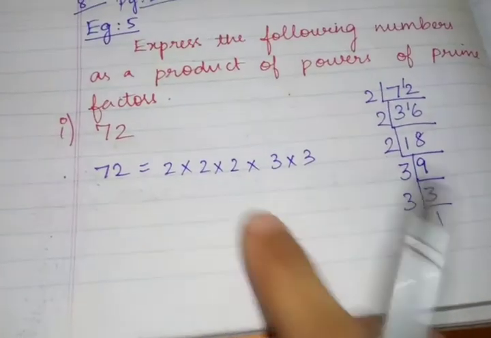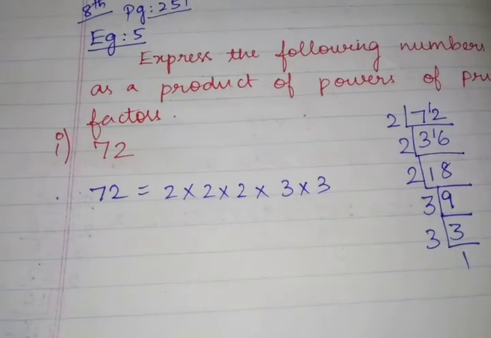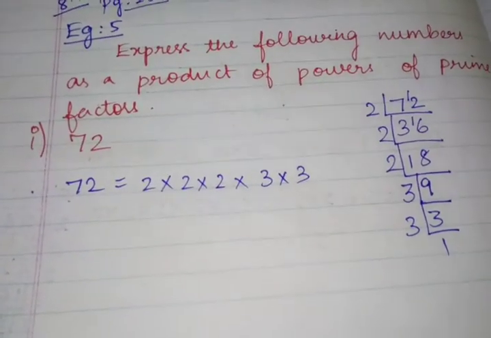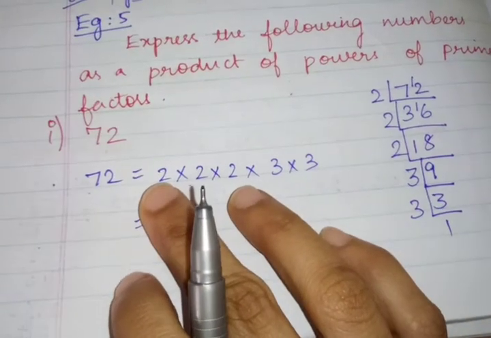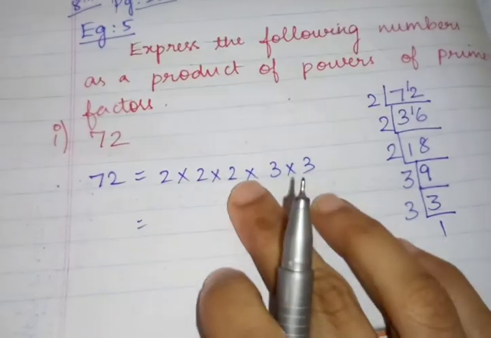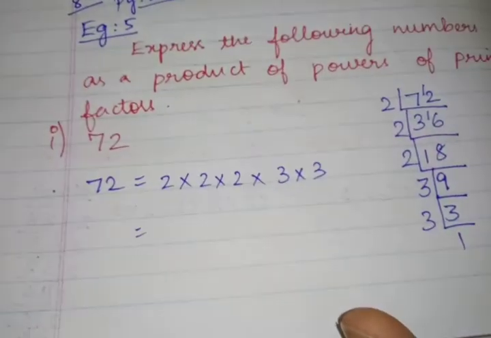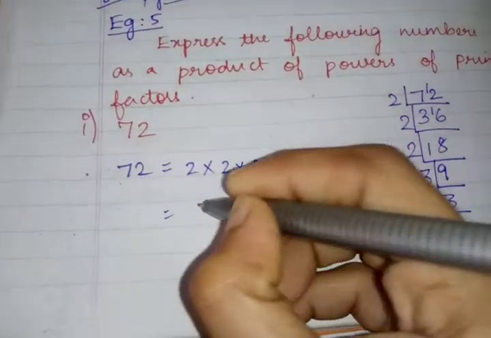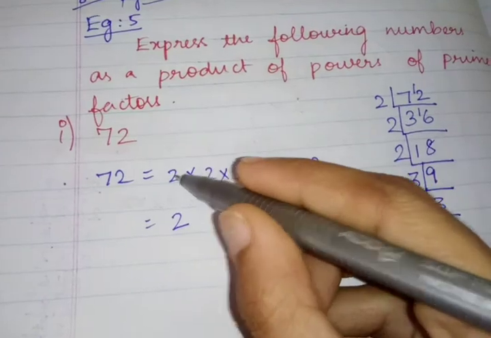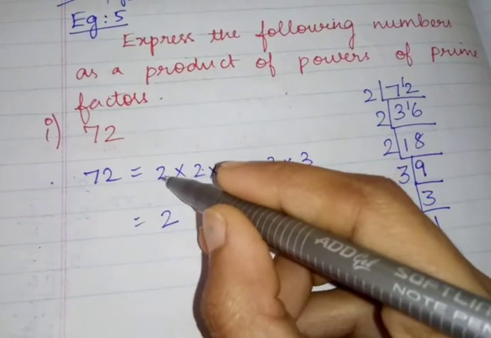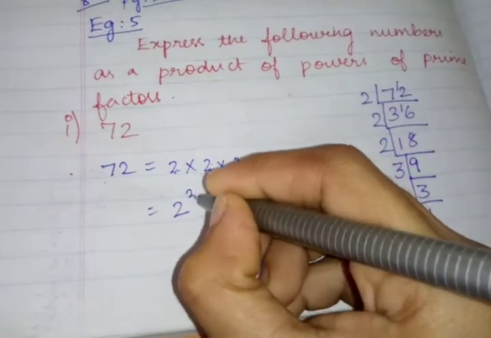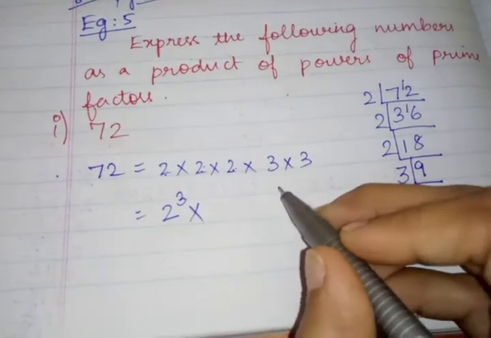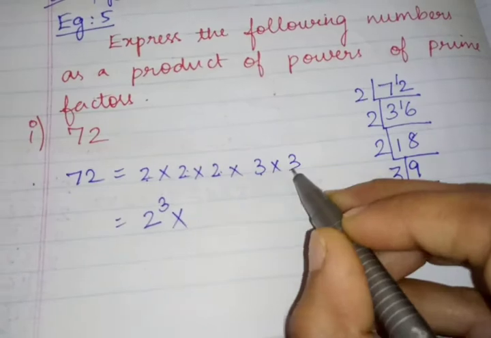So it should be the powers of prime numbers to some power. Now, how many 2s are there? 1, 2, 3. So the number 2 is repeated 3 times, so 2 power 3, into the number 3, which is repeated 2 times.